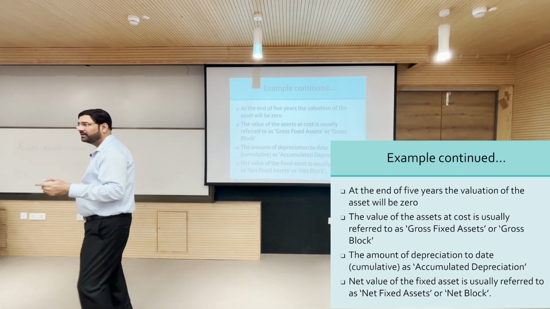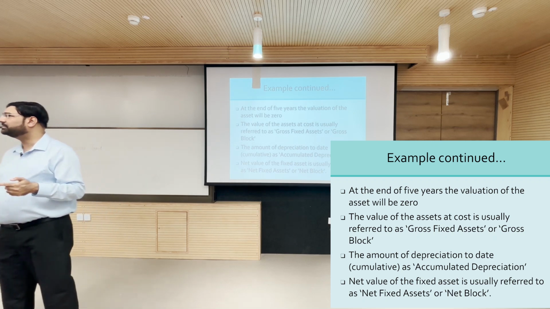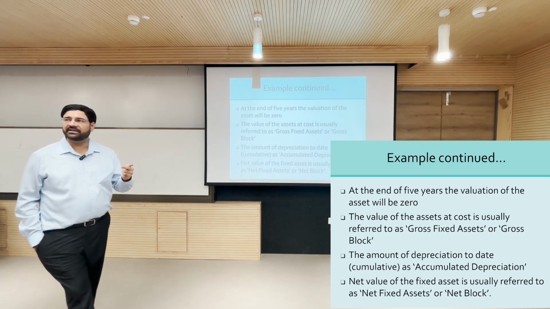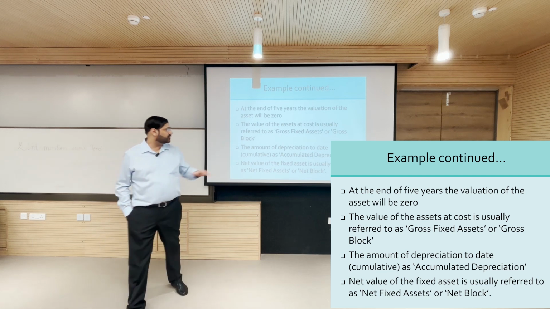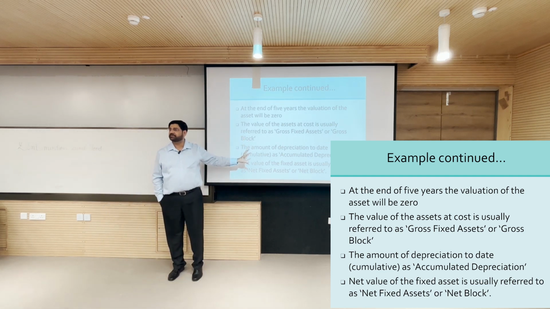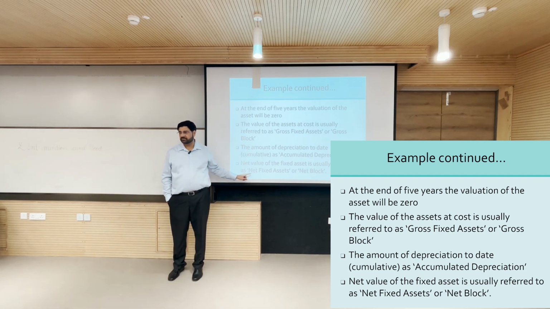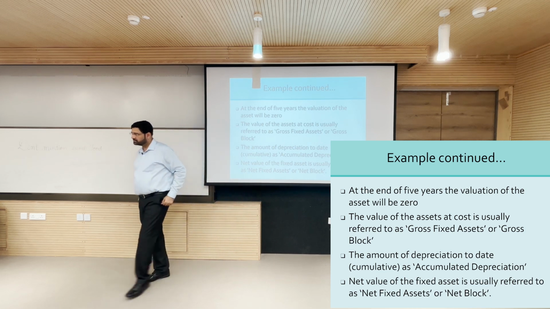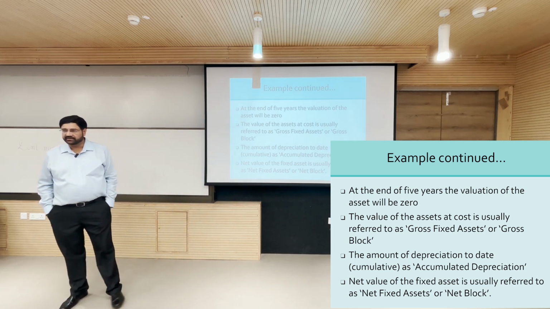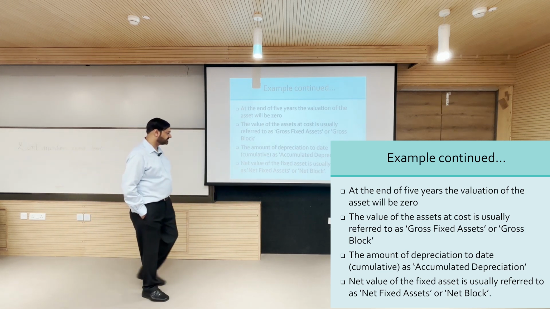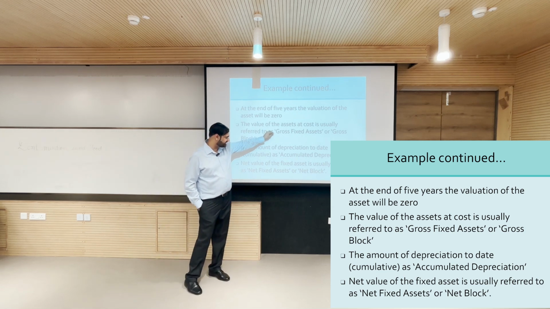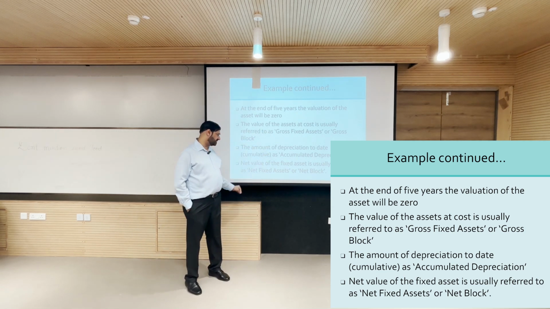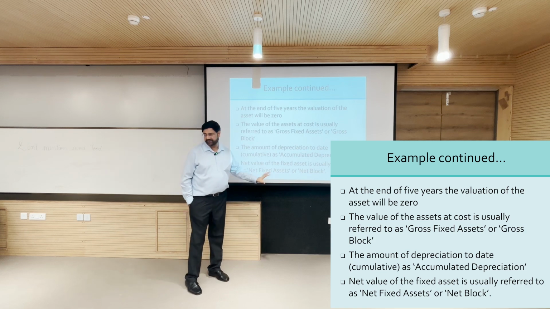Accumulated depreciation will be 1 lakh in year 1, 2 lakh in year 2, 3 lakh in year 3 and so on. So gross block minus accumulated depreciation gives you net block, that is the other name for assets, right. Fixed assets will be shown as net fixed assets or net block. So gross block means gross fixed assets less accumulated depreciation equal to net block or net fixed assets.